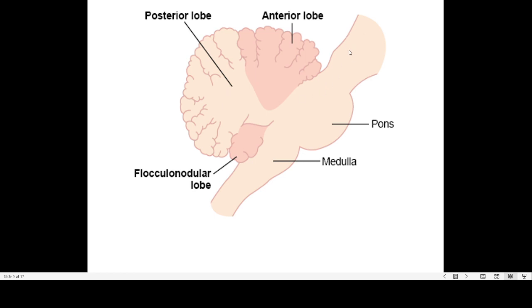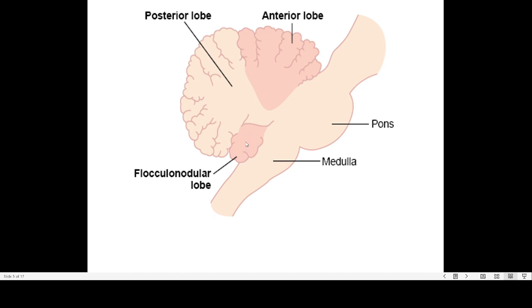This is the midbrain, this is the pons region, and this is the medulla. The cerebellum is posterior and this is the anterior aspect. Here, the small portion is another lobe, the flocculonodular lobe.